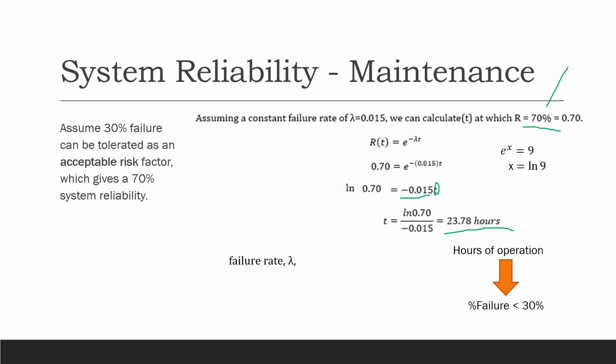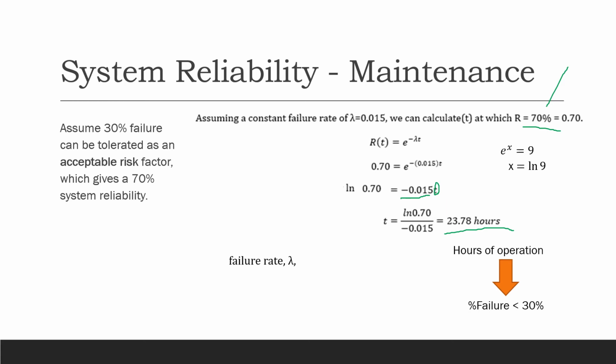So here is your review for your calculus. If you have an e power equal to a value and you want to find this, you get rid of that. Every time you get rid of e, you're going to call the natural log. So practice that. Okay, so I have my time.